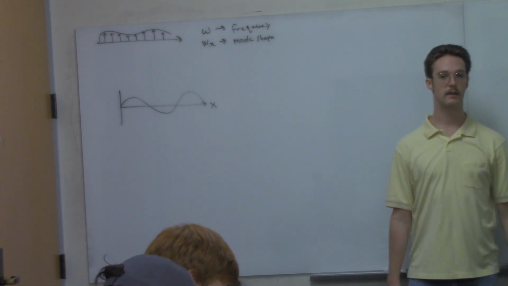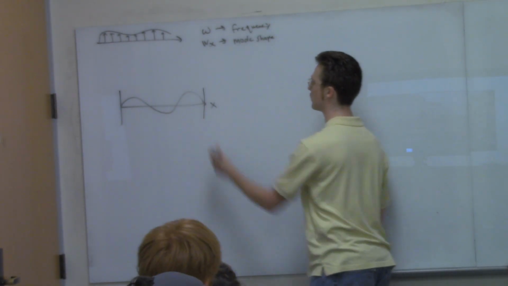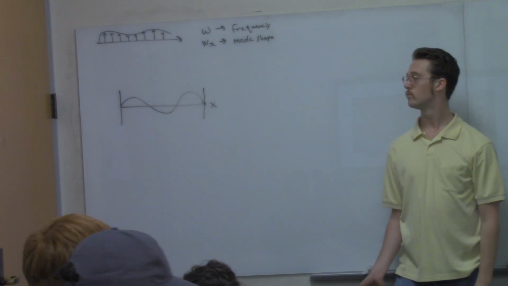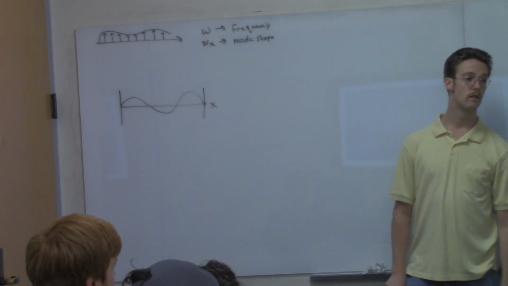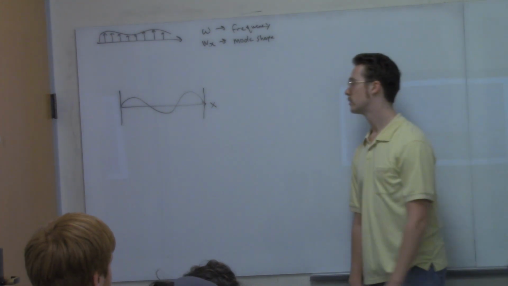All right. The nodes are where it crosses the x-axis, the nodes are fixed in displacement. And the antinodes are places of maximum displacement. Okay, so this is fixed.